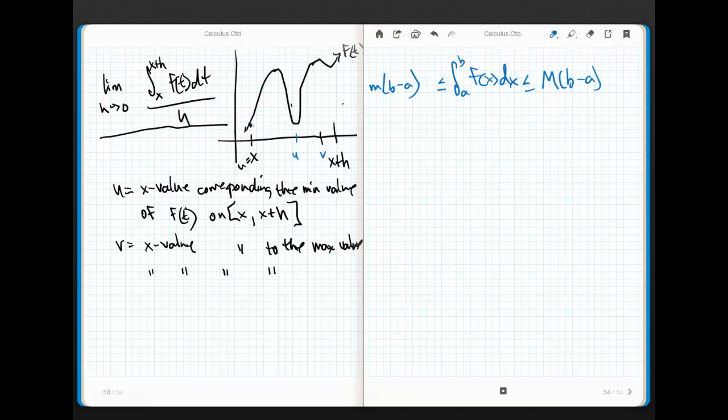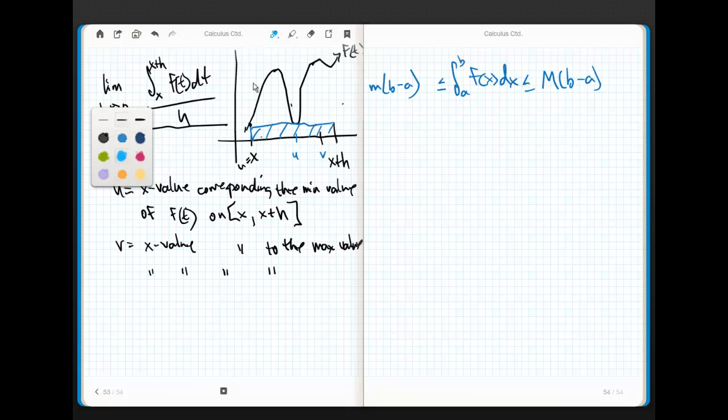In other words, the integral from x to x plus h is going to be wedged between this box and this box.